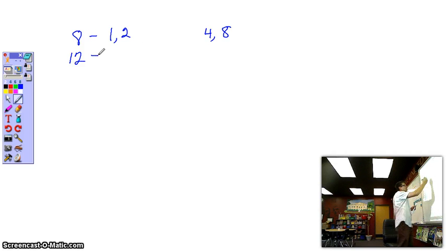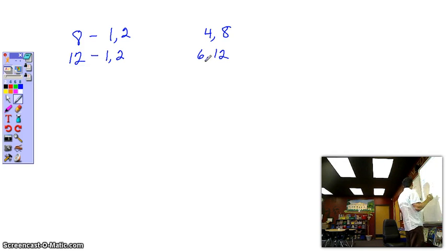Here are the factors of 12. Again, we always start with 1 and the number itself. And then we come down here to the lower end. Does 2 go into 12? Yes, it does. So 2 times 6 is 12. And then how about 3? Does 3 go into 12? Yes, 3 times 4 is 12. And there's no numbers between 3 and 4.